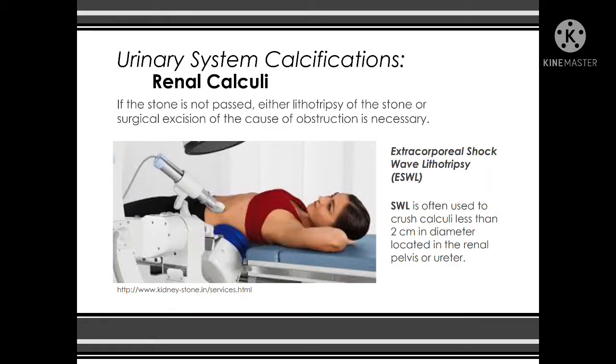Sometimes, if the renal calculi is very small, it is excreted out from the body with the urine. But if it is not passed, either lithotripsy of the stone or surgical excision of the cause of obstruction is necessary. A shockwave lithotripsy is often used to crush calculi less than 2 cm in diameter located in the renal pelvis or ureter to prevent obstruction.